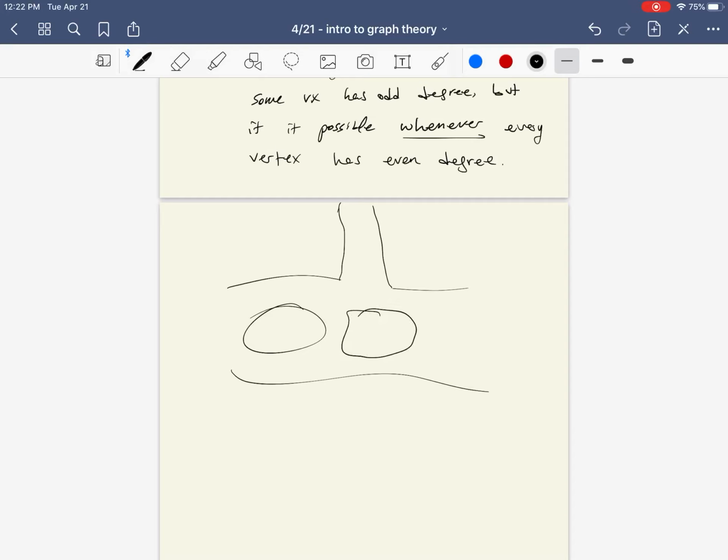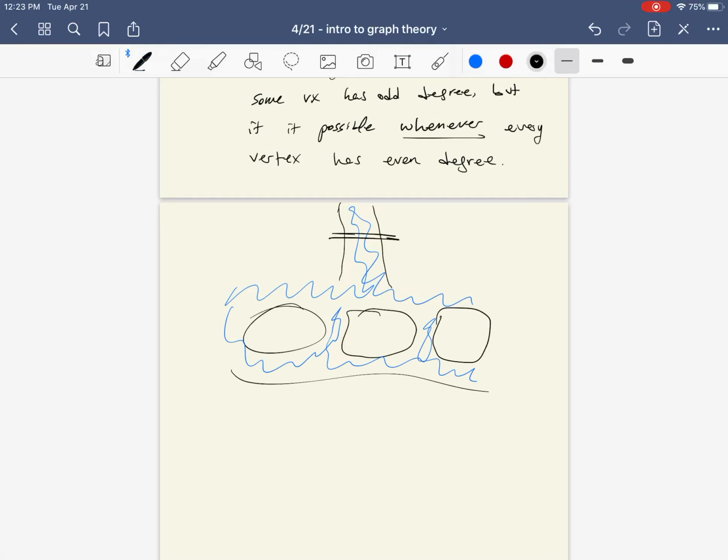I'll draw them better. And remember, this will all be water. And maybe now we have a bridge crossing there.